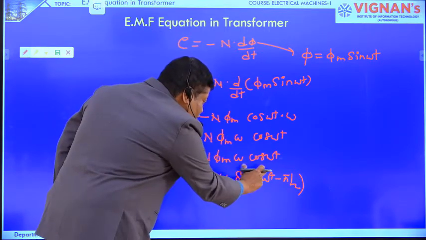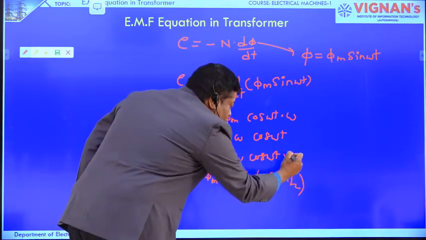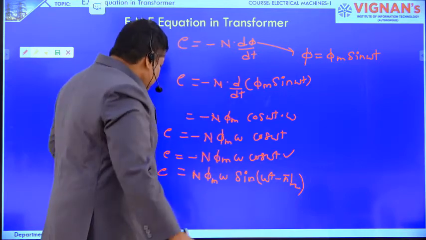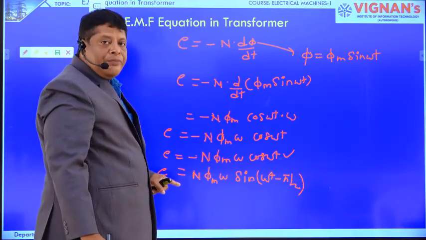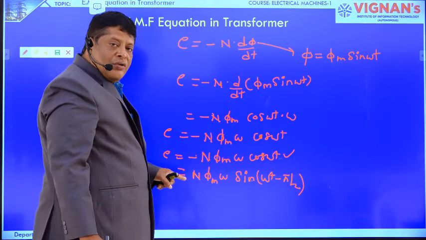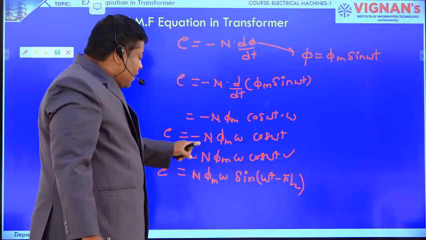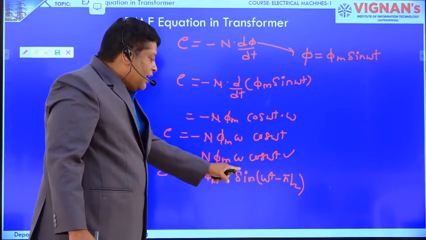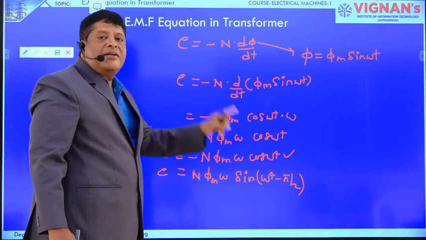Simplifying, the EMF induced in the two windings is N φm omega sine omega t minus pi by 2.